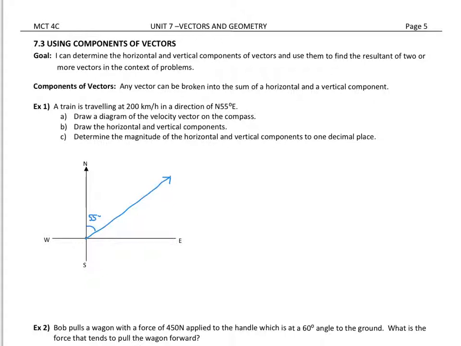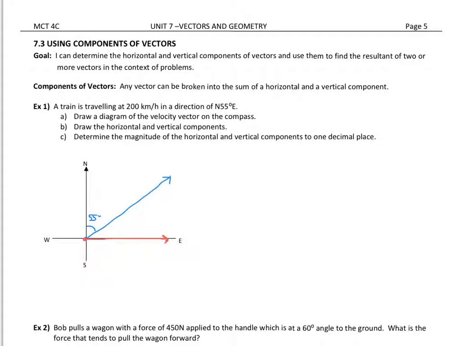If I were to start at the vertex of my angle, at the tail of my vector, I'm going to draw a vector going horizontally across the east line, and it's going to stop when I get underneath the head of the vector I'm wanting to represent.